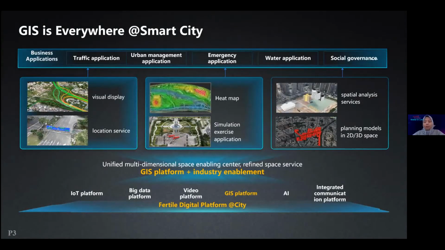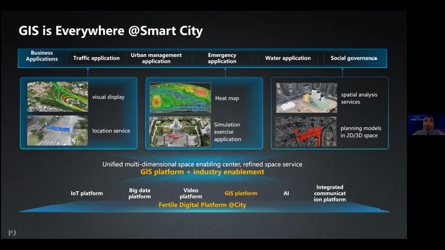There are a lot of platforms used for the development of smart city, and the GIS platform is one of them. A GIS platform could help to enhance the understanding of the city condition through location information. What can GIS do in representing city condition as smart city applications?